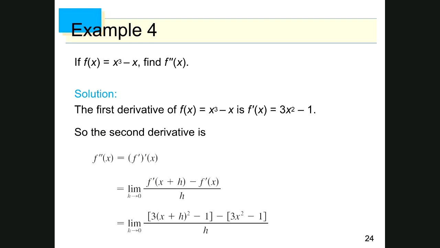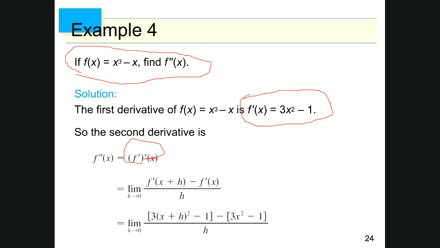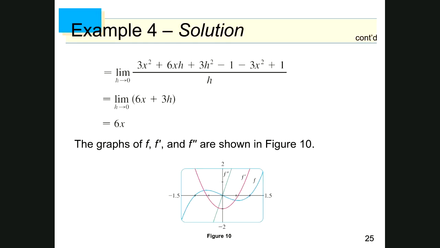Now, how are we going to look for the second derivative of this function? You need to start by getting the first derivative, all right? I think this is an example that we've done already. You start by getting the first derivative, and then you differentiate that first derivative again. In this case, using first principle, if you simplify, let's see what you get. You get 6x, all right? I'll mention again and again so that it sticks.